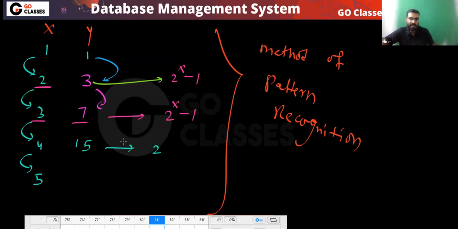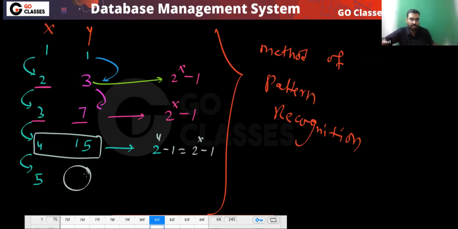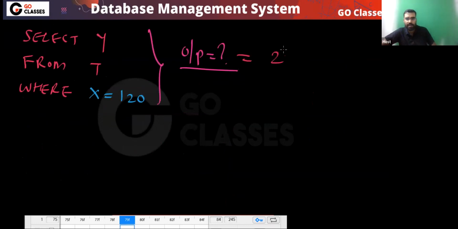So I can say ultimately, if this is 4, this is 15, so it means this is 2 power 4 minus 1, so that is 2 power x minus 1. So for 5, this value will be 2 power 5 minus 1. So for 120, this value will be 2 power 120 minus 1. This is the method of pattern recognition, correct? So the output will be 2 power 120 minus 1.